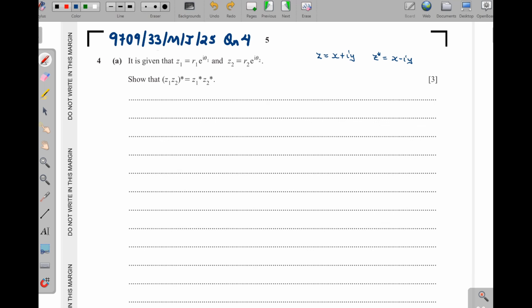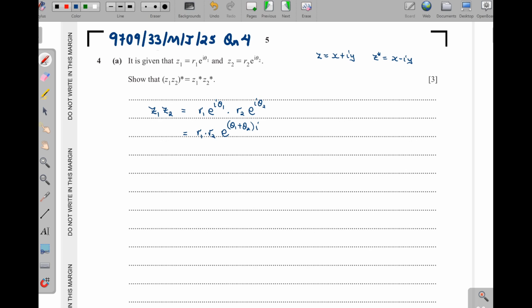All right, now here I need to find z1 times z2. So z1, right from here, is given as r1 e to the power of i theta 1. Then we multiply by z2, which is r2 e to the power of i theta 2. Now this one will be r1 times r2, and then e to the power of, because this is multiplication and these are indices, we shall add the powers. So we shall have theta 1 plus theta 2, then i.